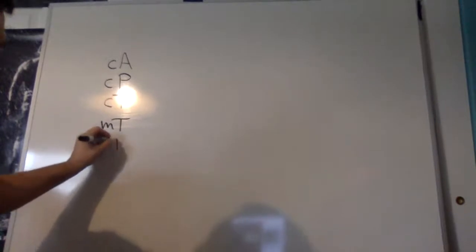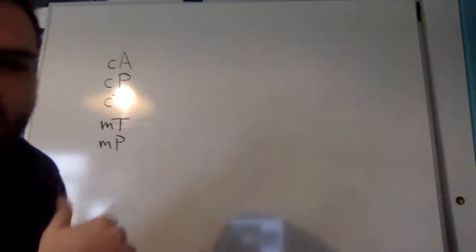Then you have continental tropic, all right? Then you have maritime tropic, and then maritime polar, okay? These are the 5 different types of air masses, okay?